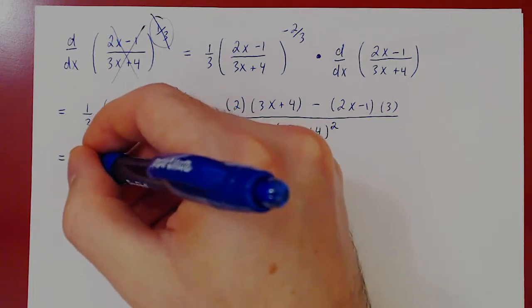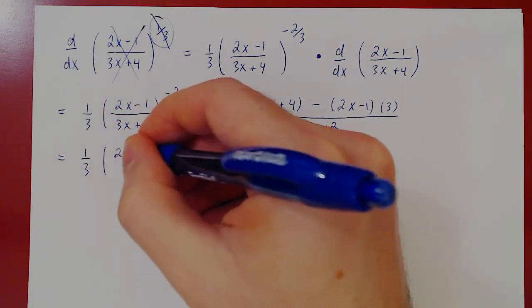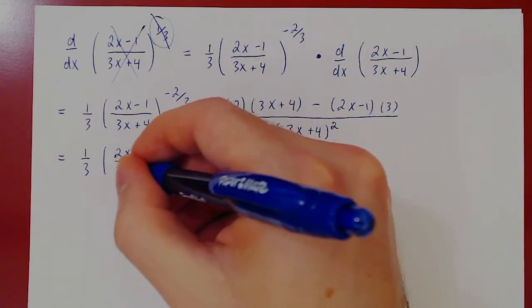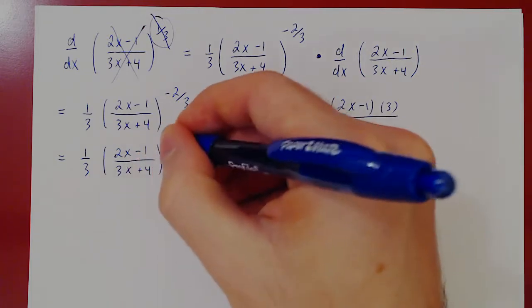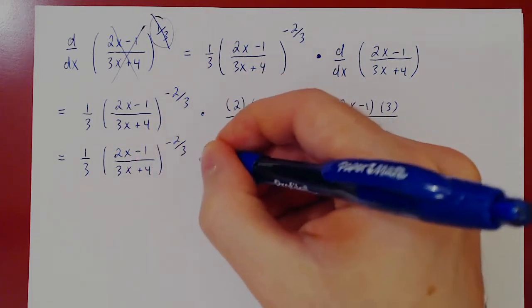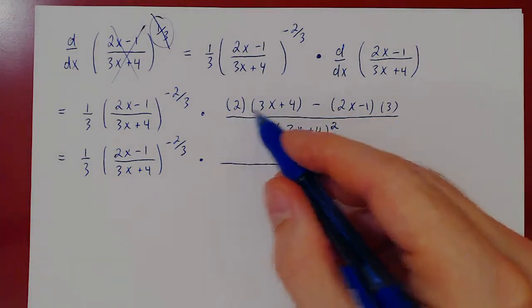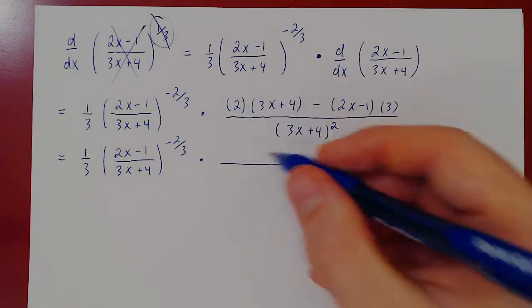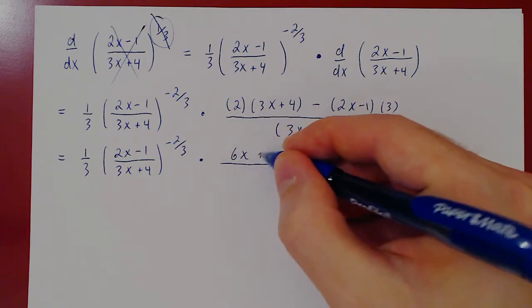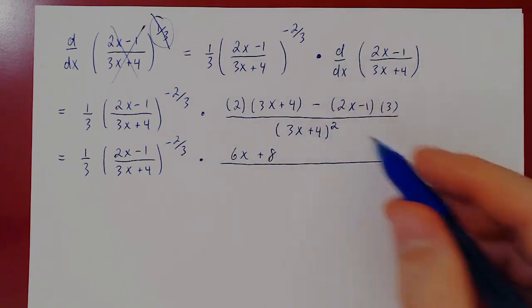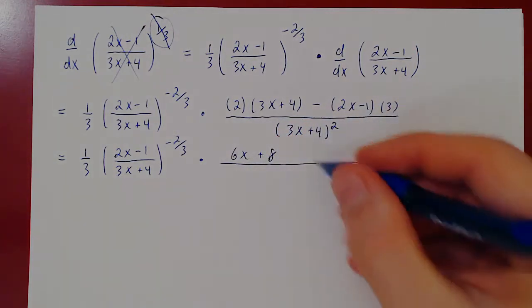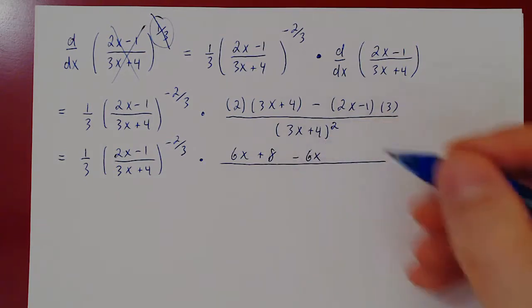So we have 1/3 (2x minus 1 over 3x plus 4) to the -2/3 times, well, 2 times this will give us 6x plus 8, minus 2x times 3, minus 6x.